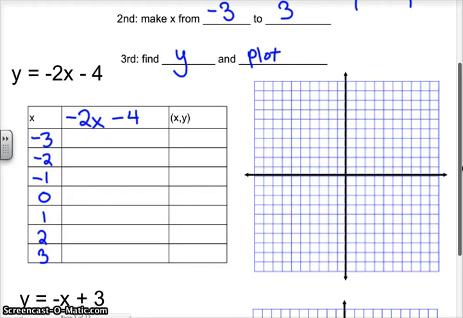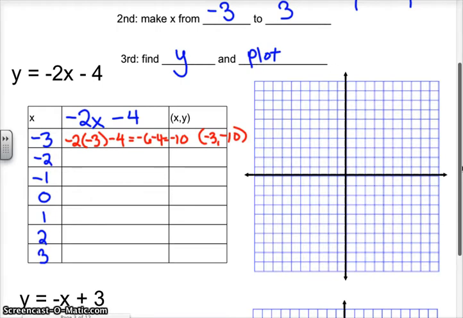The first one is going to be -2 times -3 minus 4. -6 minus 4, -10. So I have the point (-3, -10), because my x is -3, my y is -10.